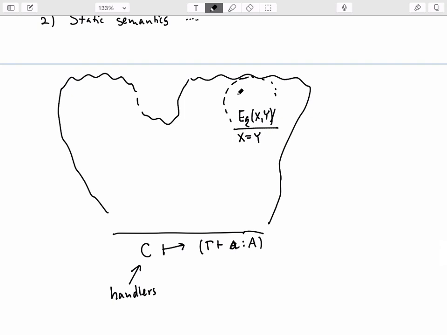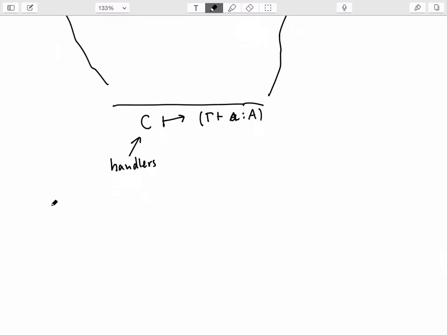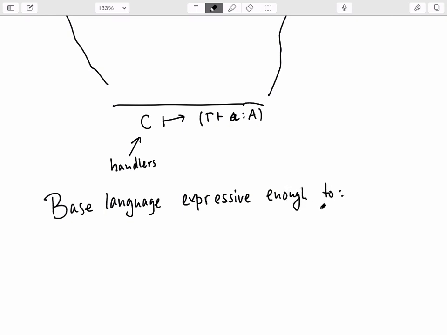So I would like to have a base language which is sufficiently expressive so that I can implement on top of this language the usual common algorithms that show up in proof assistants. So the first question is, we want a base language which is expressive enough to do what? Well, one, I want to be able to manipulate equality.